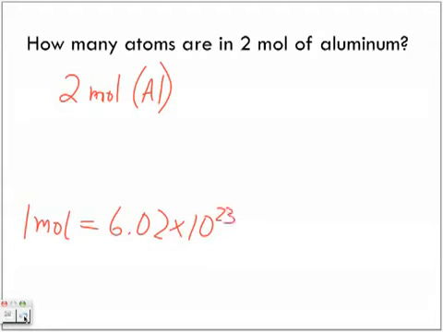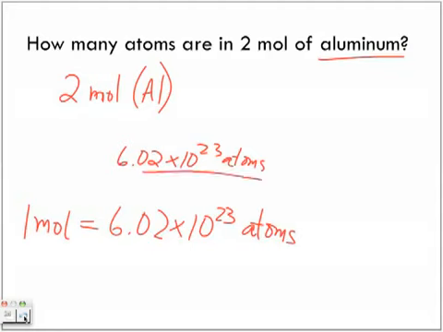Good. So 1 mole has this many, but we're talking about atoms, and which atom is it? Aluminum. So now we can rewrite this as 6.02 times 10 to the power of 23 atoms per 1 mole.